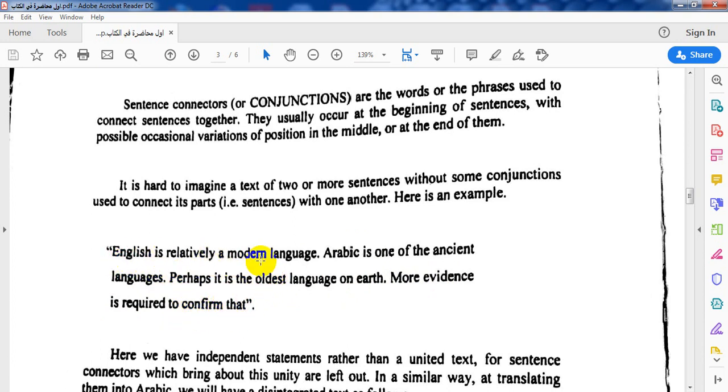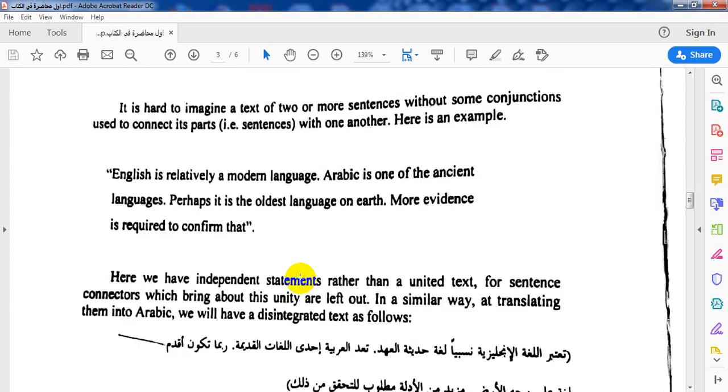These are simple sentences, not connected, referring to one idea. So what is the purpose of connectors or conjunctions?